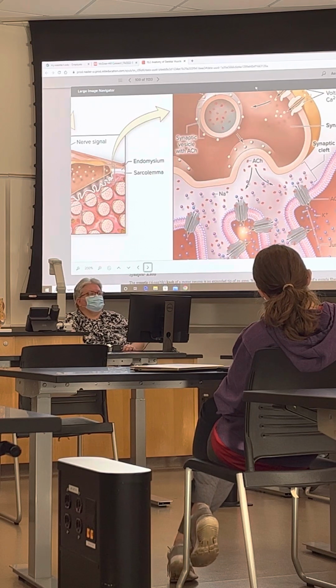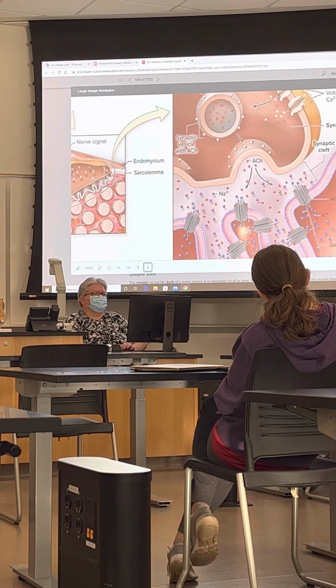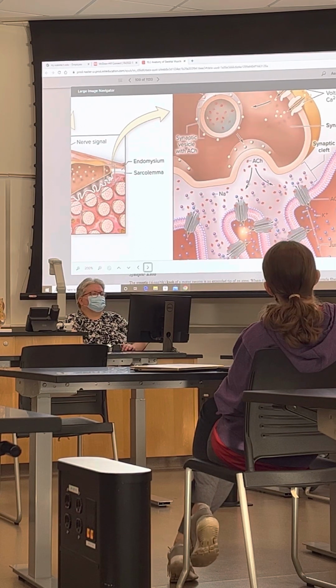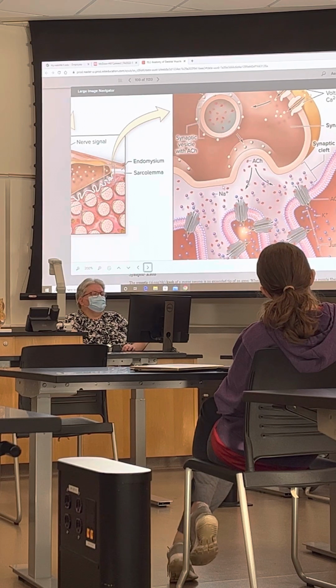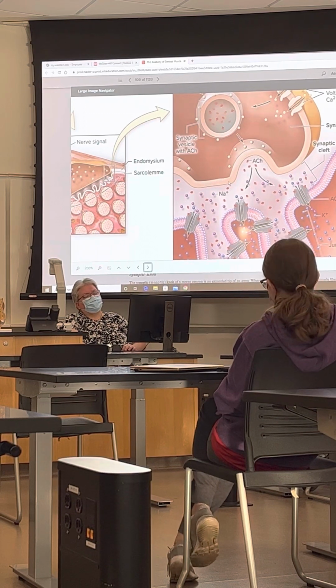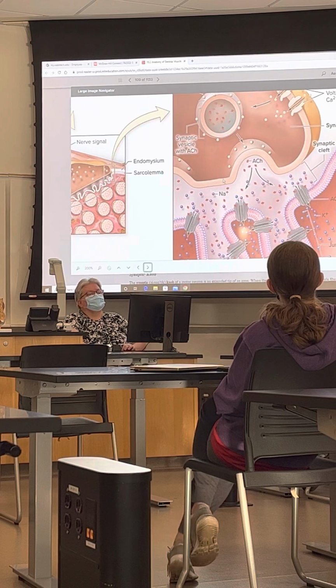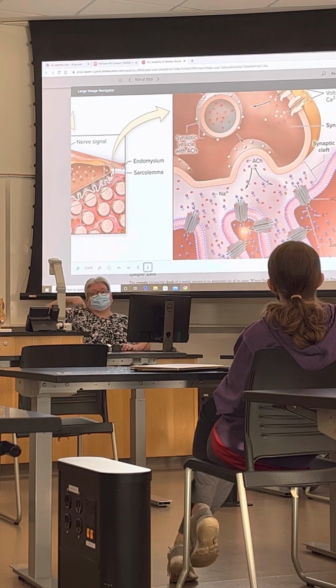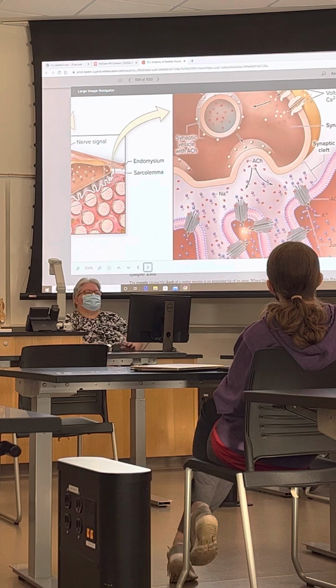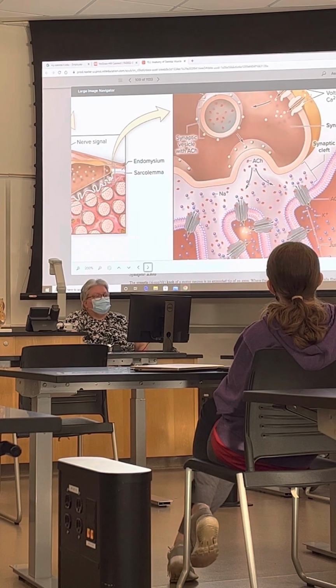When the electrical impulse comes down, we'll learn more about this in lecture, it will cause these synaptic vesicles to fuse with the membrane of the axon terminal, and it will exocytose the acetylcholine. So acetylcholine is exocytosed out of the axon, and then it swims across the synaptic cleft.